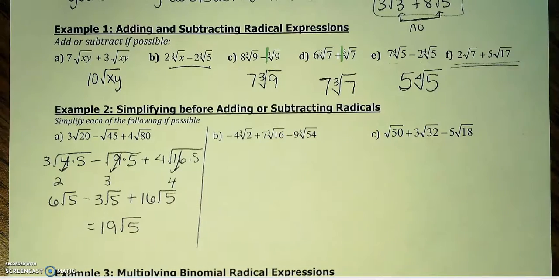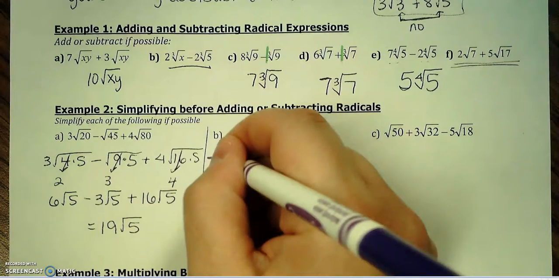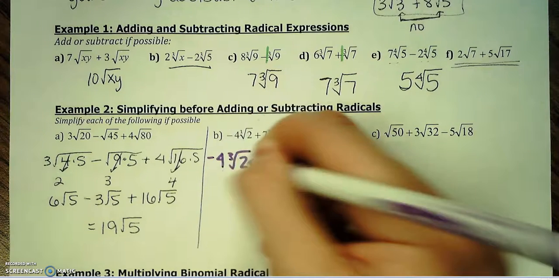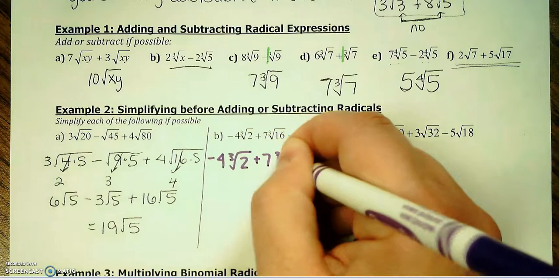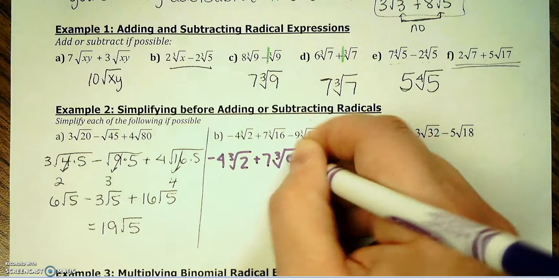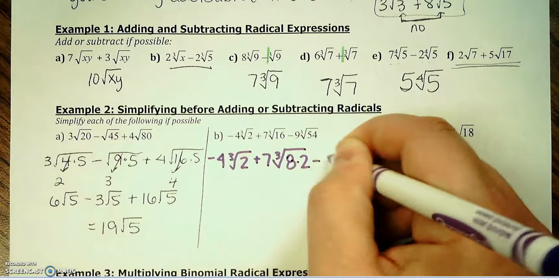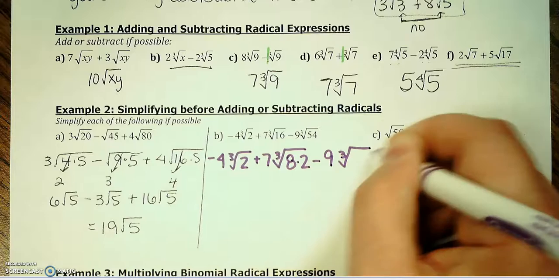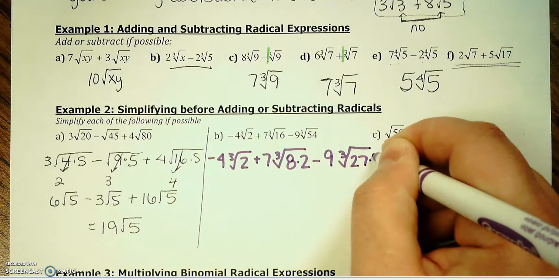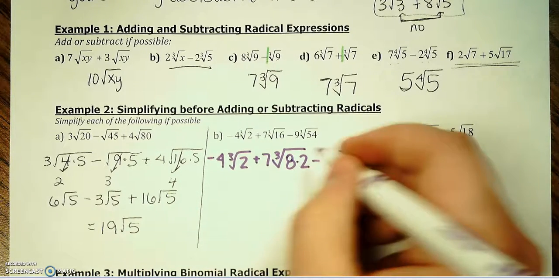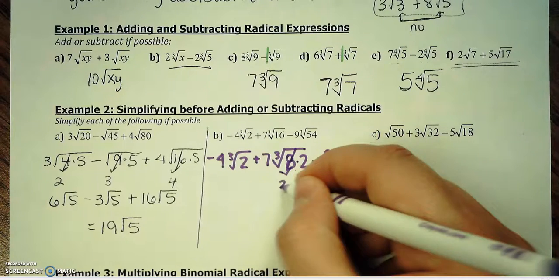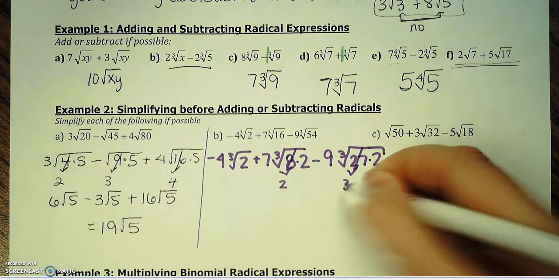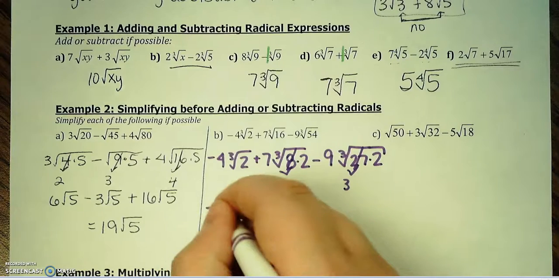Now these are cube roots, so be careful here. This is -4 cube root of 2. That can't be broken down any further. The biggest perfect cube that goes into 16 is 8. And the biggest perfect cube that goes into 54 is 27. So this will come out as a 2, this will come out as a 3, and can be broken down a little bit.